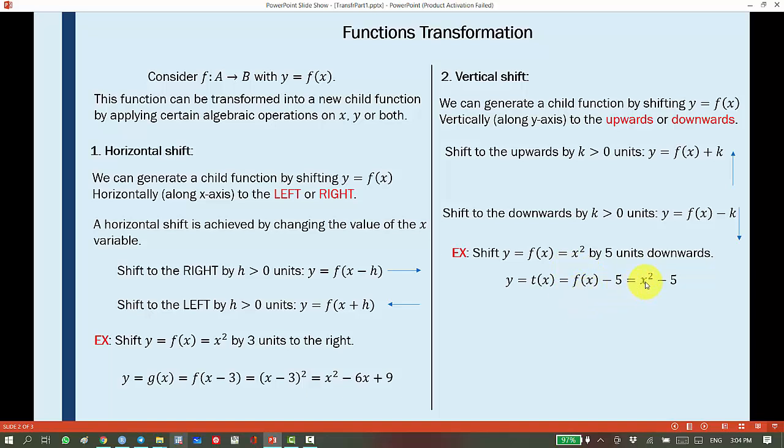That is, f of x is x squared, and 5 is being subtracted from it. Therefore, t of x is a child function which is being generated from the parent function by shifting the parent function 5 units downward.